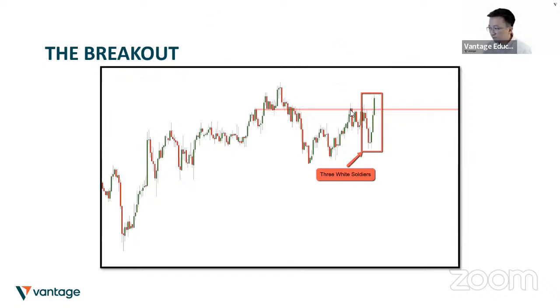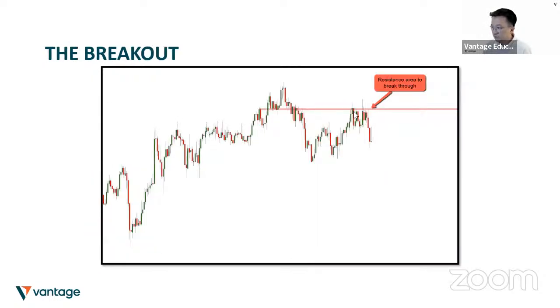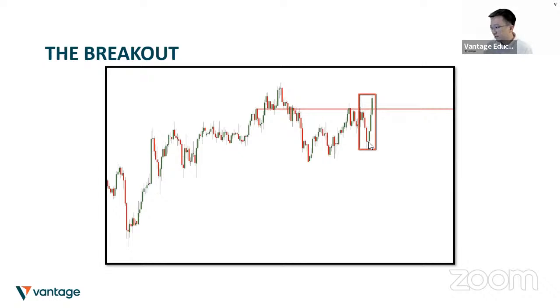Different ways you can look at this: it resisted once and twice, and we've seen price turn down here. As it reverses back 1, 2, most people would think the resistance level is going to hold at that point. But in this case, the third candle actually broke above that resistance level.